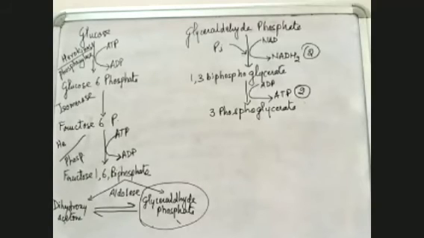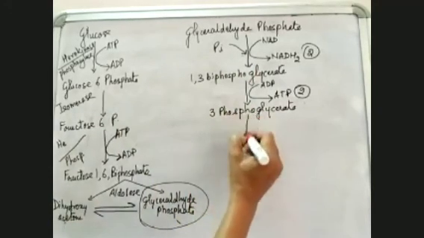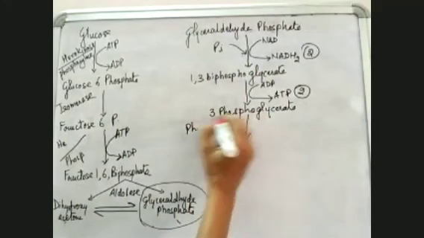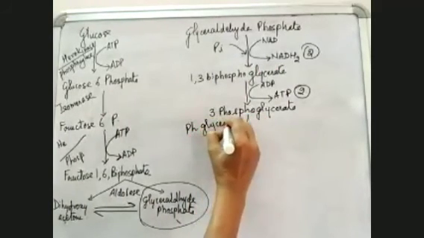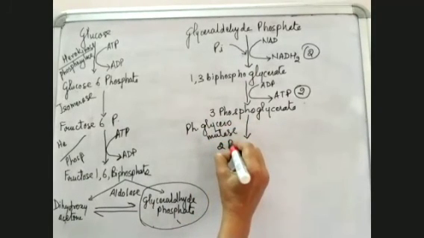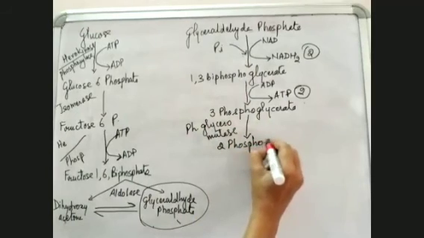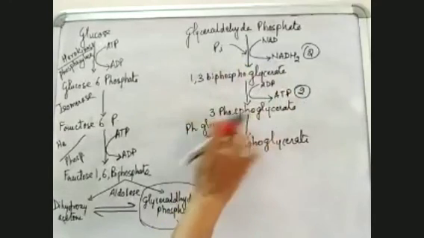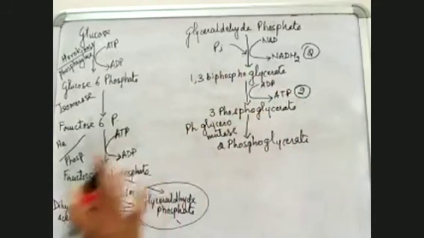Then 3-phosphoglycerate, under the action of another enzyme, phosphoglyceromutase, synthesizes 2-phosphoglycerate. So from 3-phosphoglycerate, 2-phosphoglycerate is formed.